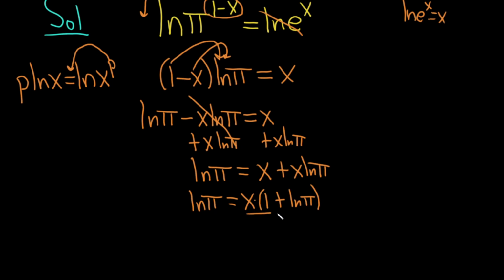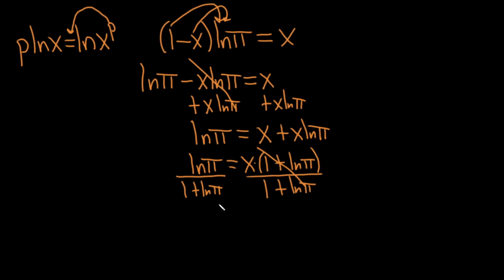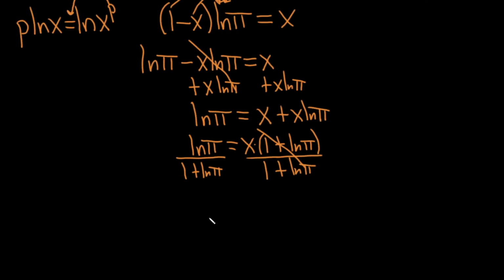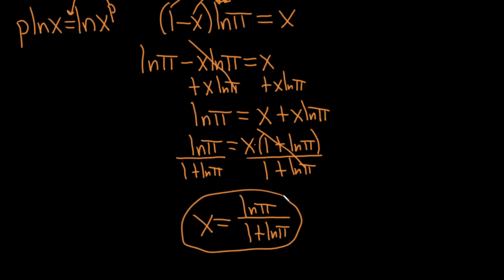So now we can just divide both sides by 1 plus natural log pi. Boom, these go away. And we're basically left with all of this as our solution. So x is equal to the natural log of pi, what a cool answer, over 1 plus the natural log of pi. That would be the solution to our equation.